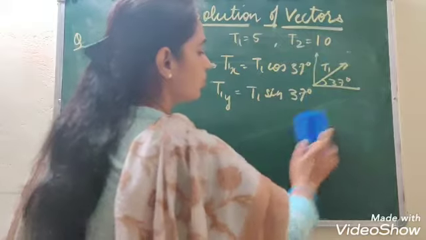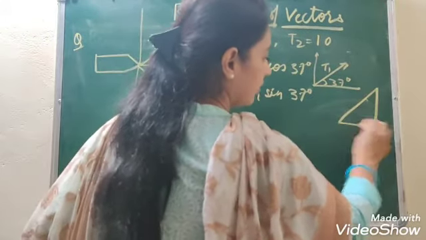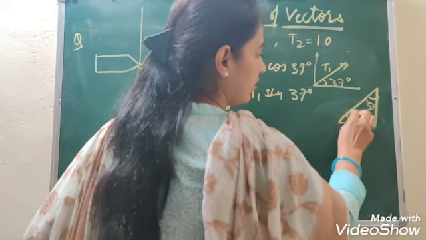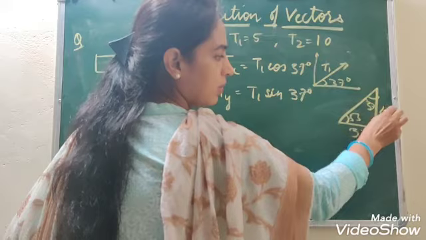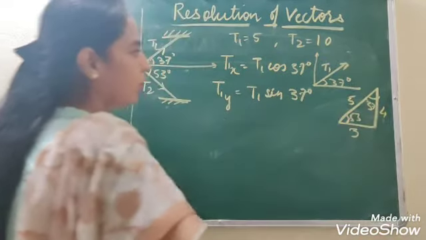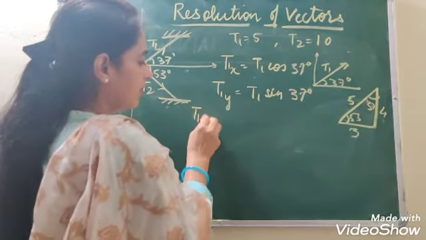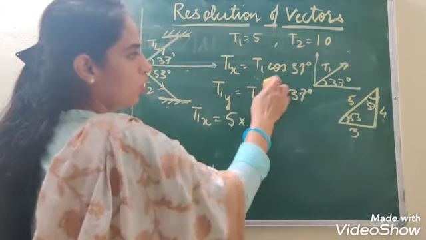Okay, so now you know this triangle. Let us say this is 37, this is 53. This is 37, then this will be 3, this will be 4, this will be 5. So what will be T1 cos 37? T1 in the x direction is, T1 is 5, cos 37.